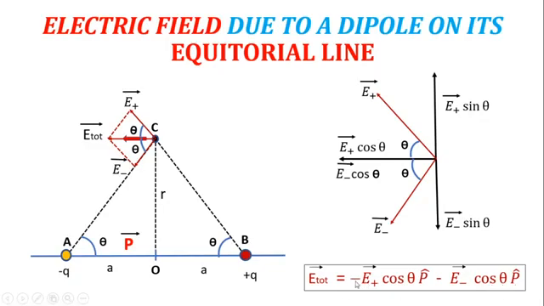And so the E total will be E plus cos theta along the unit vector of P and E minus cos theta along the unit vector of P. Why do we get this minus? Minus comes from the P vector. See here, the dipole moment is opposite in direction to the field, and so we get a minus.